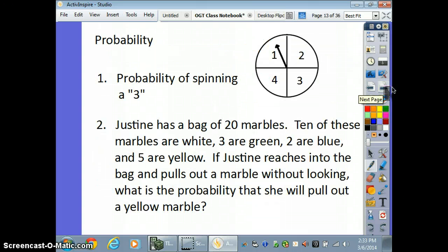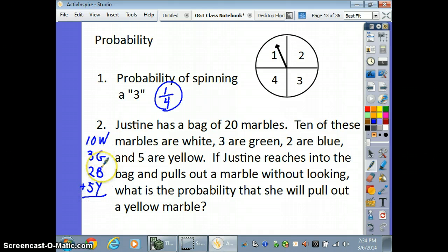Probability. The probability of spinning a 3 is 1 out of 4. Justine has a bag of 20 marbles. 10 are white, 3 are green, 2 are blue, 5 are yellow.